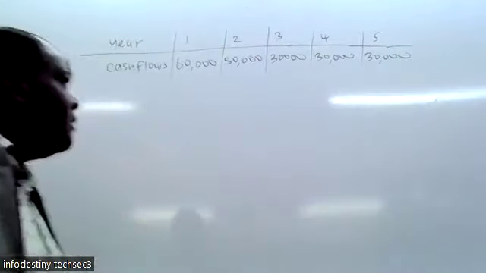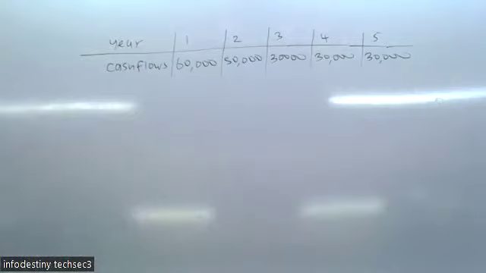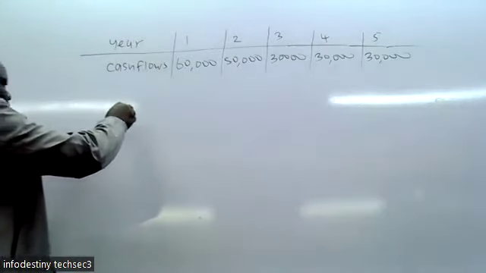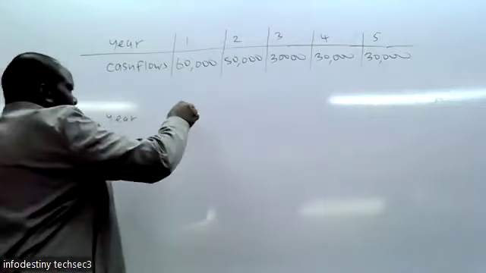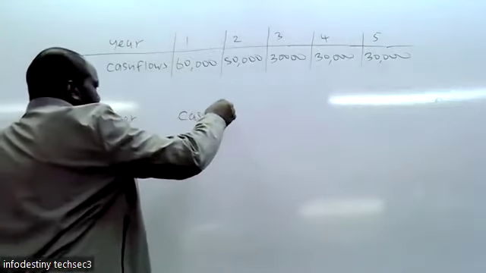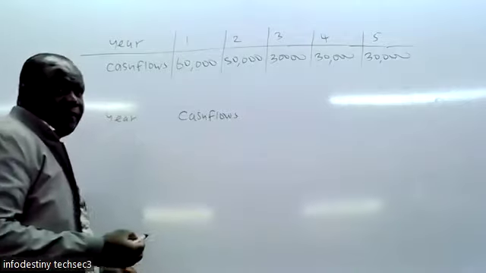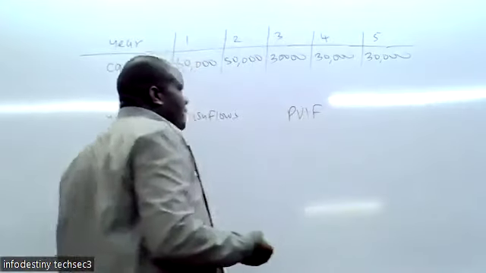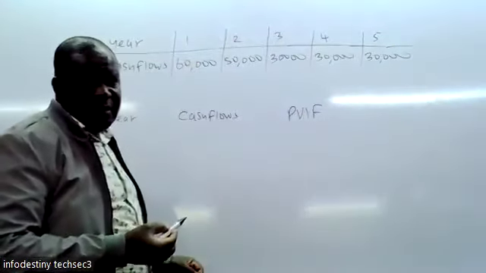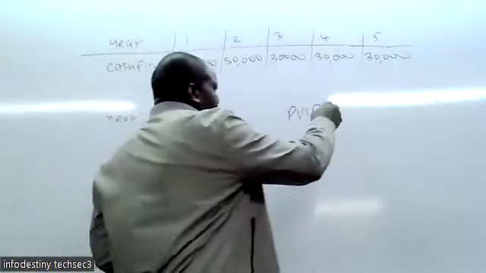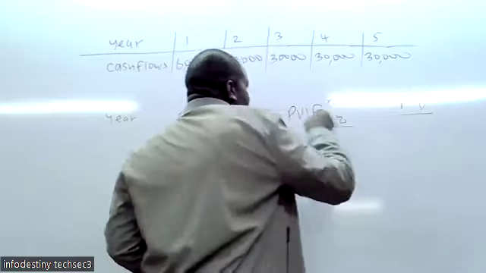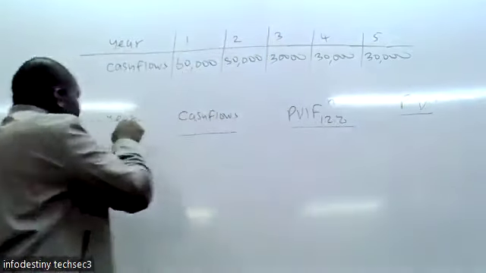So we can have the year, cash flows, then present value interest factor at 12% for each year, so that we can get the present value.